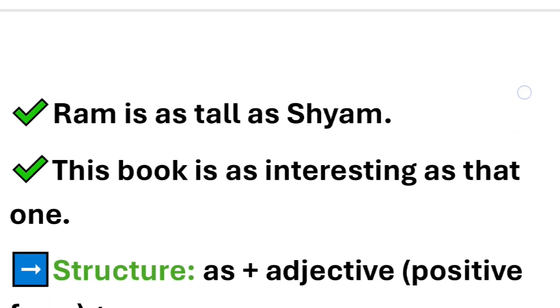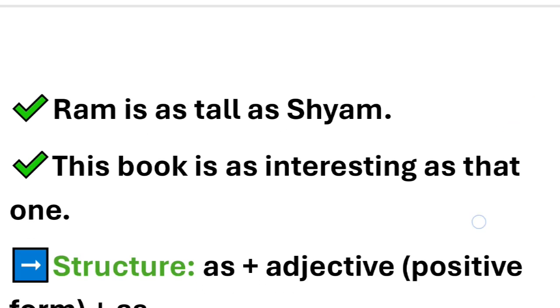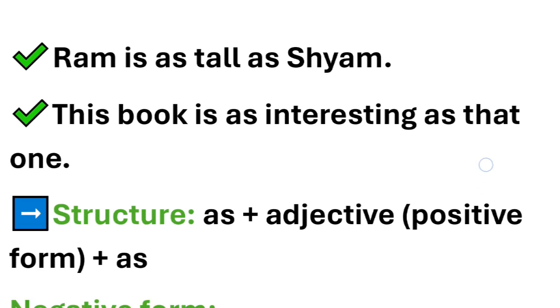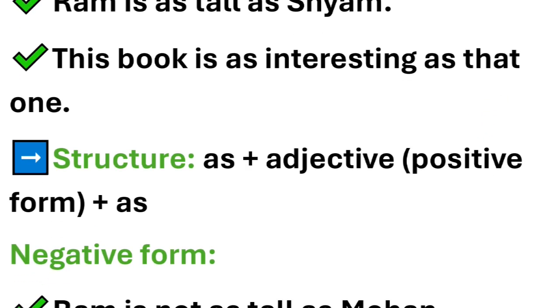For example, Ram is as tall as Sham. So in positive degree, if we have to use comparison, we use as, and in between we add the adjective. This book is as interesting as that one. So interesting is the adjective, and as is covering this adjective. The structure will be as plus adjective, which is in the positive form, plus as. And if you have to say this in positive, you have to follow this.